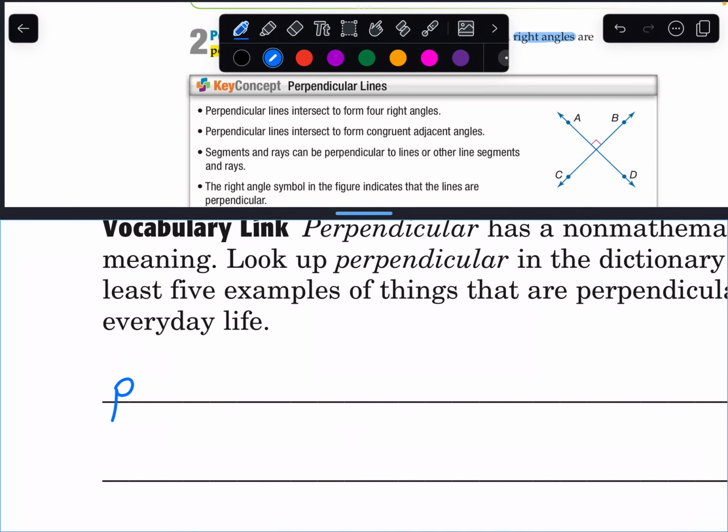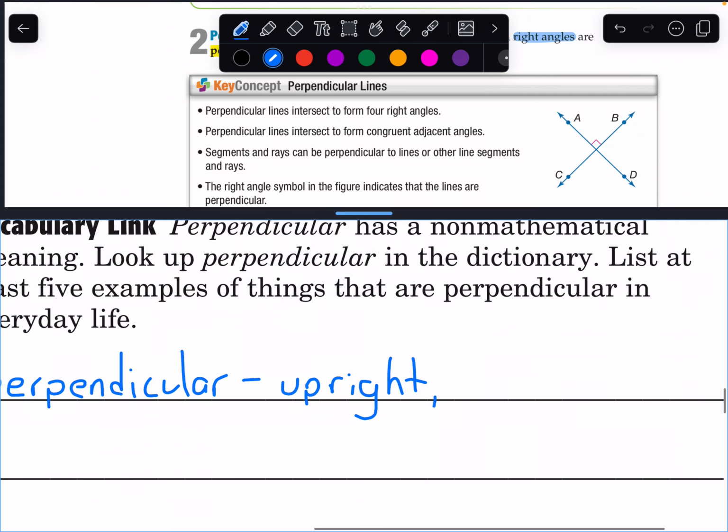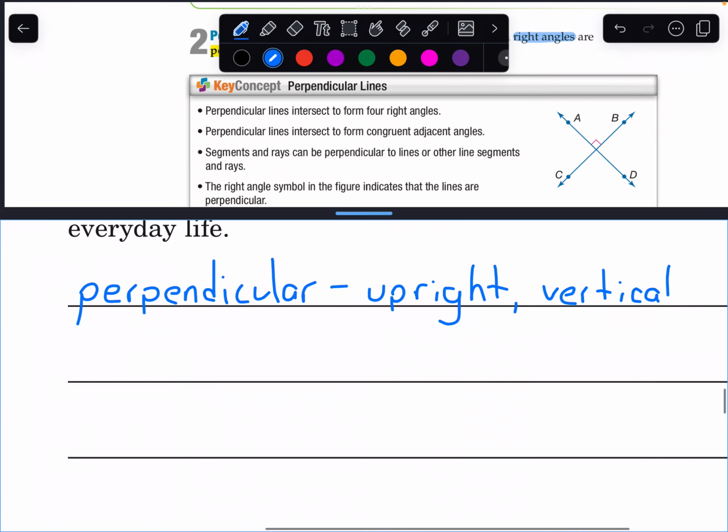Okay, anyways. Perpendicular. Upright and vertical. So we have things like walls are perpendicular to the floor and the ceiling.